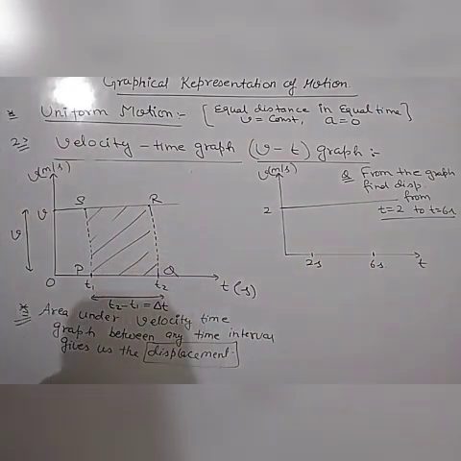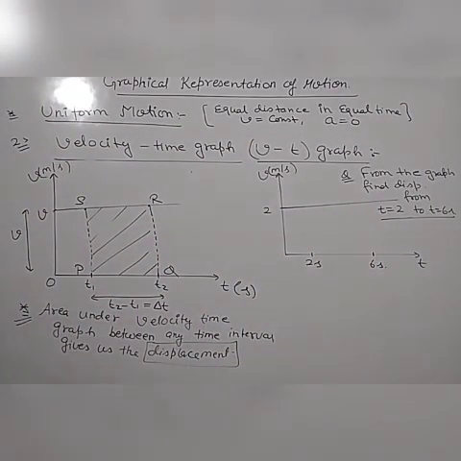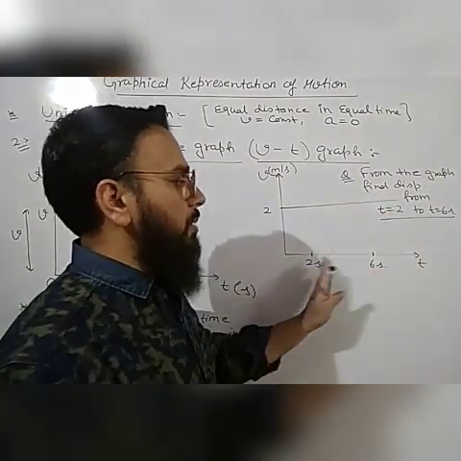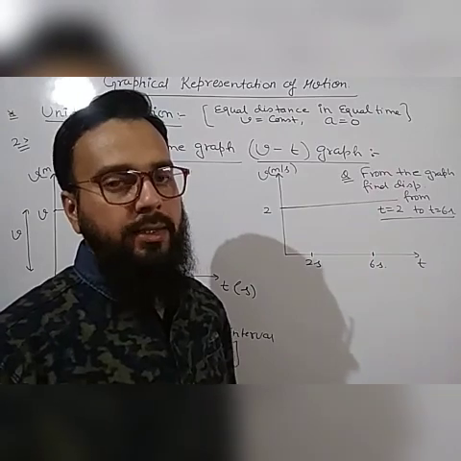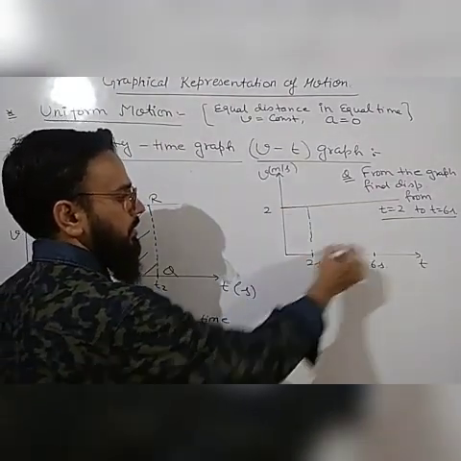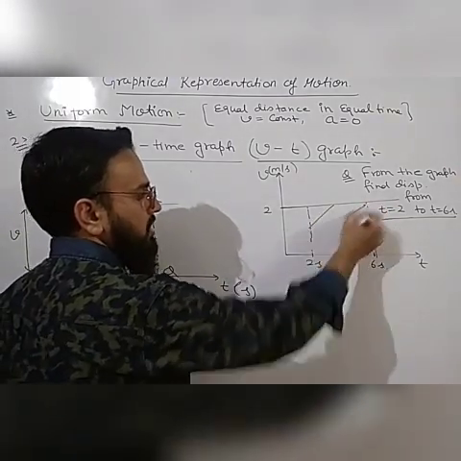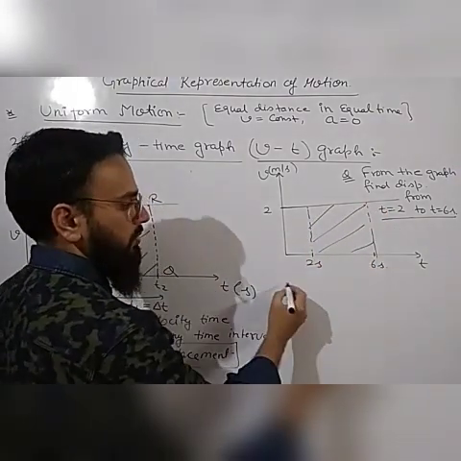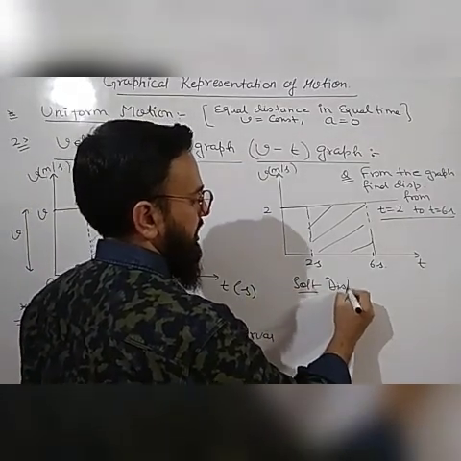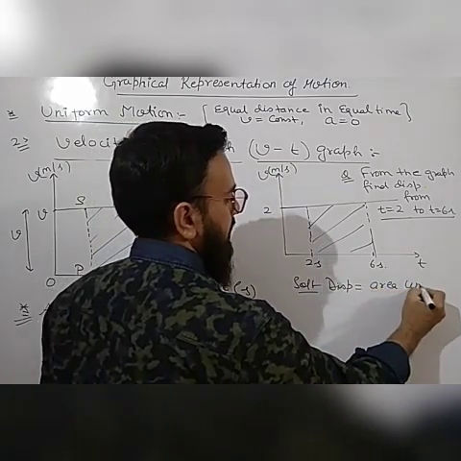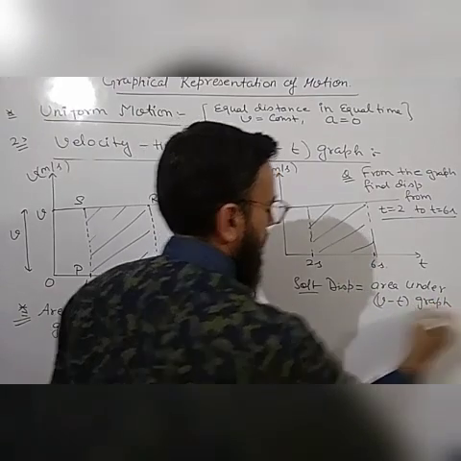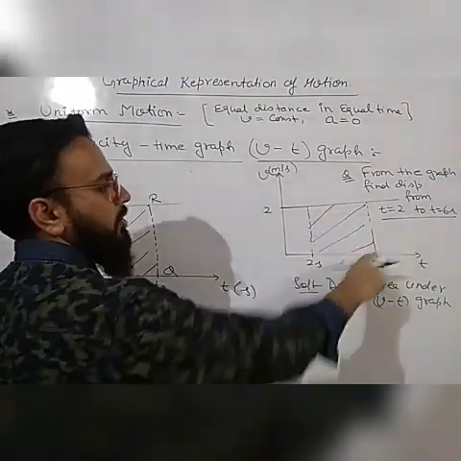You are given a velocity time graph and it is asked to find the displacement from t is equal to 2 to t is equal to 6 seconds. So how can you obtain it? We will draw a line and it will be a rectangle from t is equal to 2 to t is equal to 6. So we will write displacement is equal to area under the velocity time graph, which will be equal to the area of this rectangle.